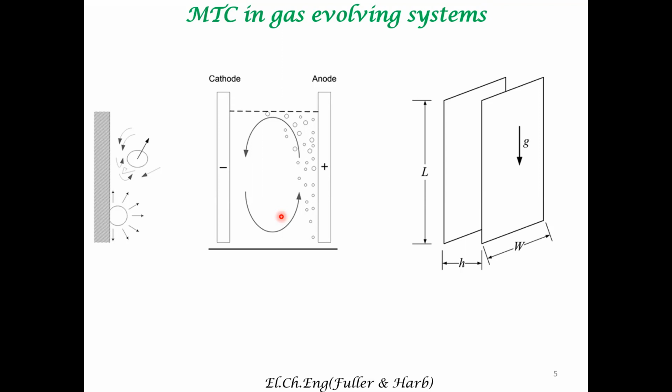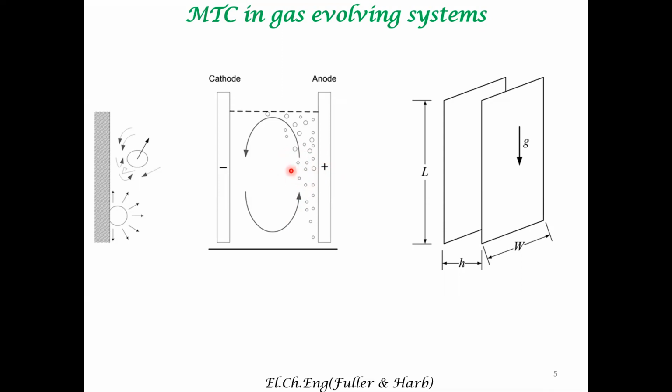At the two electrodes, both electrodes involve evolution of gases. What is shown here is evolution of gases at one of the electrodes. So there are three phases that are involved: gases that are generated due to the electrochemical reaction, of course a solid phase, which is the electrode, and this liquid electrolyte.